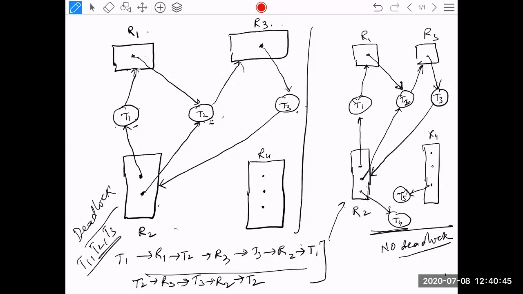But there is no deadlock condition because we have another instance in R2 which is allocated to T4, which is not part of the cycle. So when T4 gets executed, this resource R2 would be allocated to T3. Once this is allocated, this would be executed, okay?